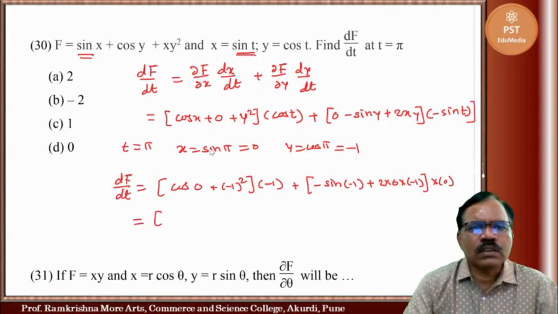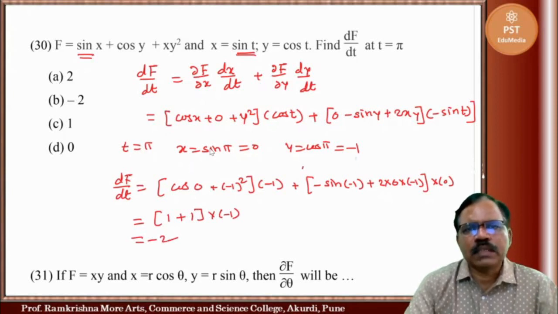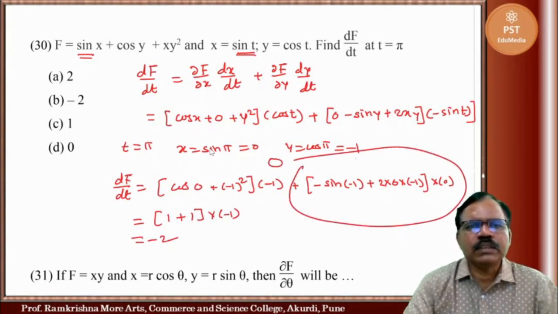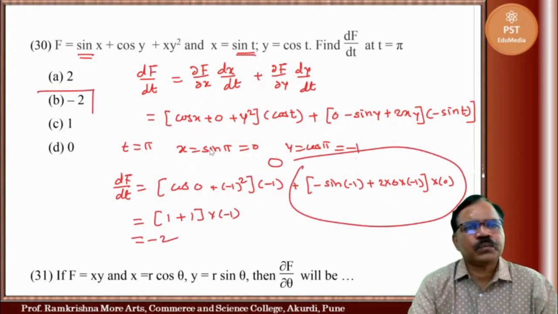So you will get cos 0 is 1 plus 1 multiplied by minus 1, so you will get minus 2, this term is 0, this is 0, so minus 2.